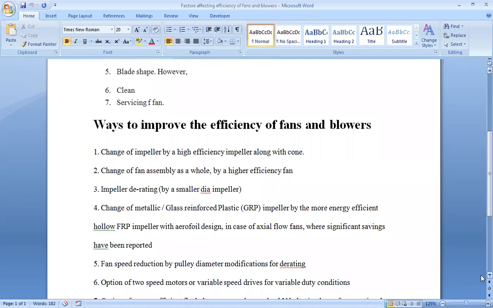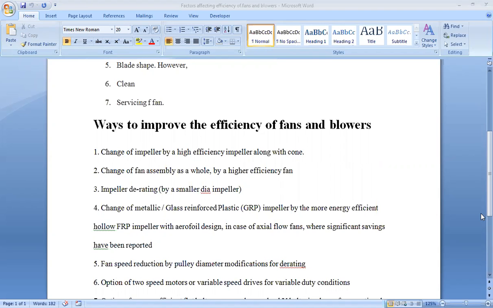The next point is change from metallic to glass reinforced plastic. For example, there are various types of materials used in the fan. Most of the time metallic blades are used in the fan. But what can we do?